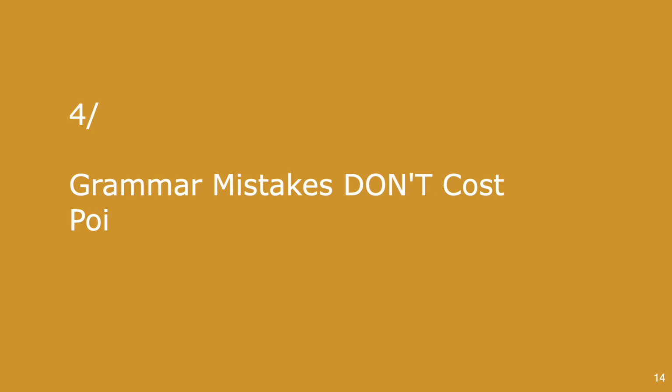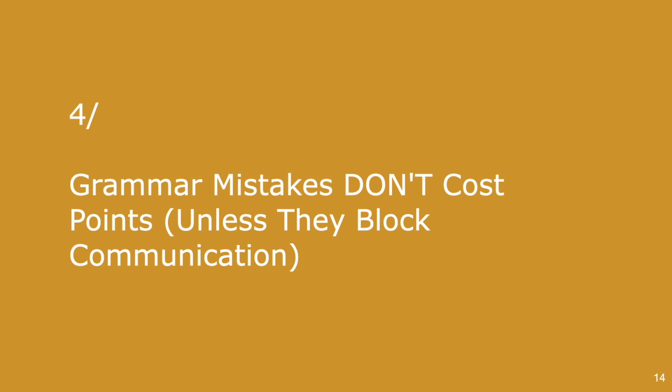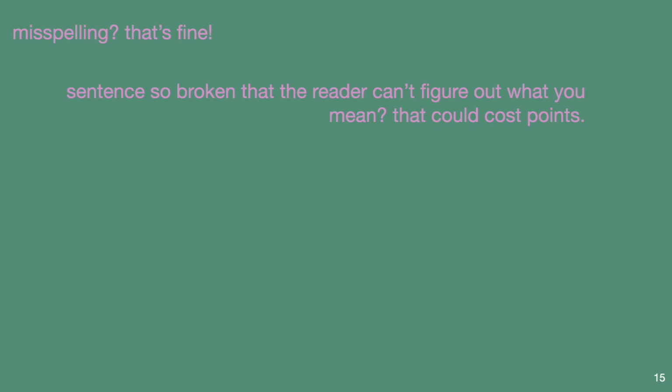Tip number 4, grammar mistakes don't cost points unless they block communication. Misspell importance? That's fine, don't fix it. A sentence that is so broken that readers can't figure out what you mean can cost you points.